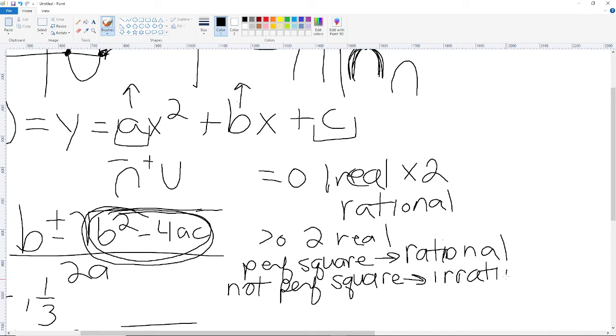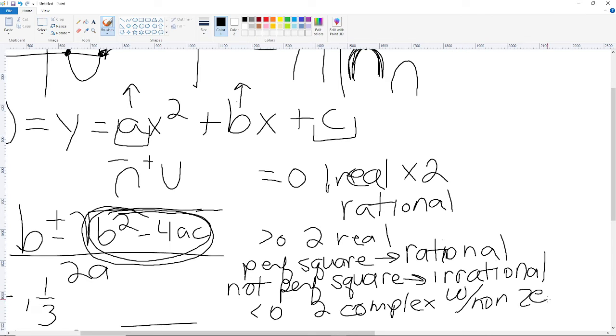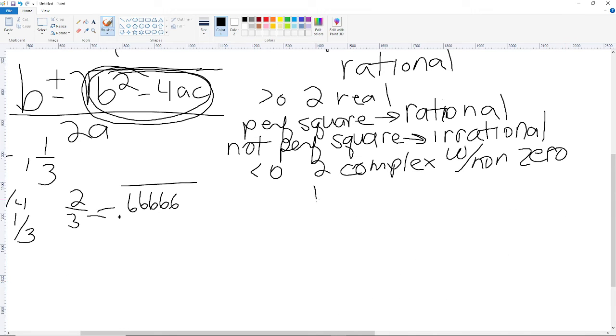And we'll get an example of this in a moment. And then if it's less than 0, it has two complex solutions with a non-zero imaginary component.